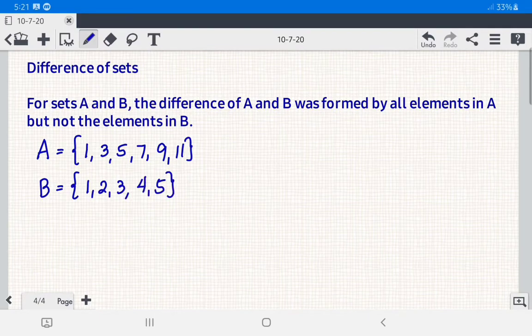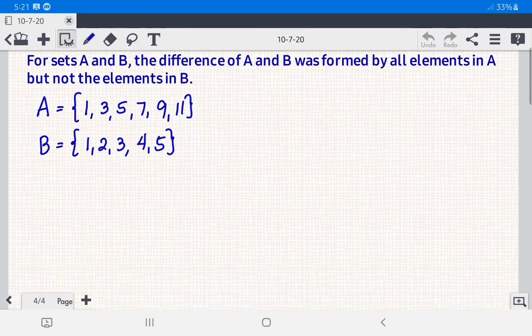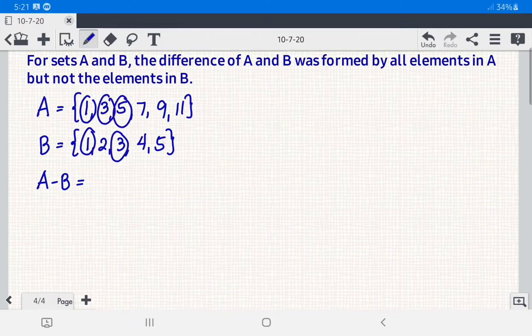So if we're going to get the difference of these sets, from A to B, we have A minus B. So this is equal to, we're going to remove 1, another one 3, then we have 5, because these elements are already in B. So we have remaining elements 7, 9, and then 11.